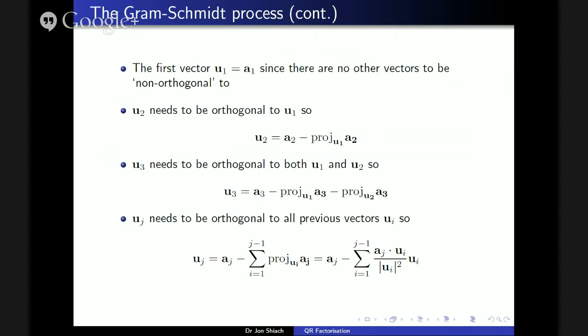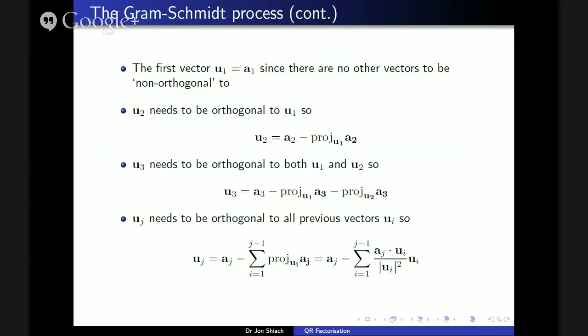Okay, so if we have AJ, where J is just some vector A, we have a sum of the projection of AJ onto UI. And if I wanted to, instead of writing it as proj, I could write it as that projection.